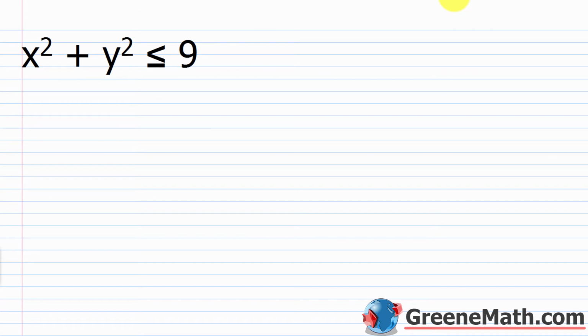All right, now let's jump in and look at our first example where we have a nonlinear inequality. So we have x squared plus y squared is less than or equal to 9. Again, the first thing I want to do is graph the boundary. Now I'm not going to have a boundary line. In this case, if I replace the inequality symbol with equals, I'm going to have a circle. So the circle is going to be the boundary.